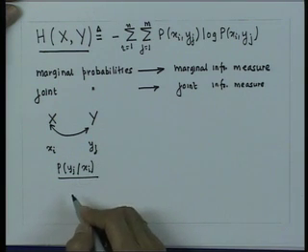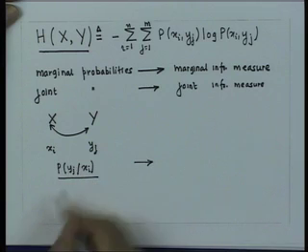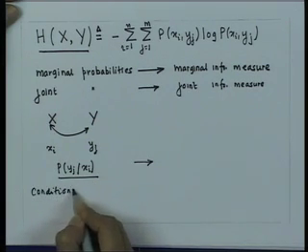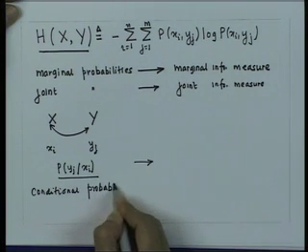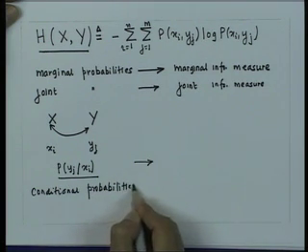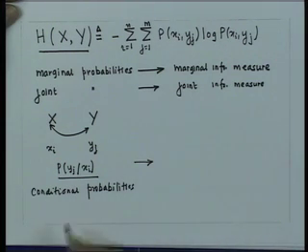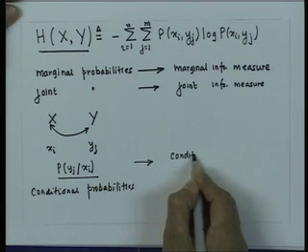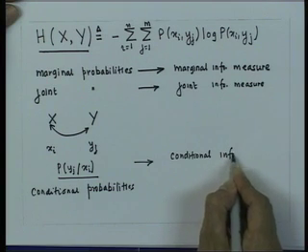If these are given to me, then is it possible for me to calculate it? This is nothing but conditional probabilities. So, based on these conditional probabilities, I can also define what is known as conditional information measure.